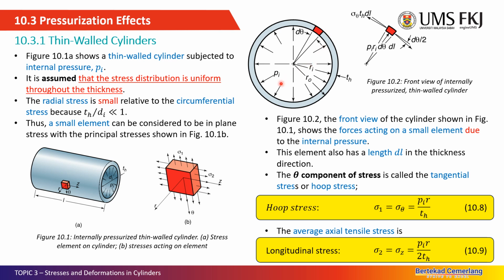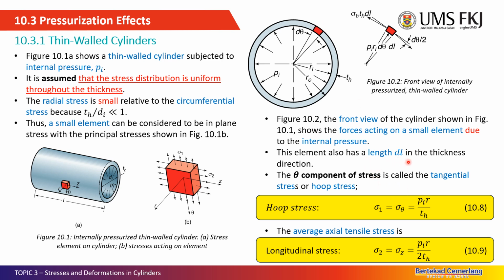So Pi is the internal pressure, Ro is the outer radius, Ri is the inner radius of the cylinder, Th is the thickness of the cylinder, and this is theta, the angle. This element also has a length of dl, here is the dl.